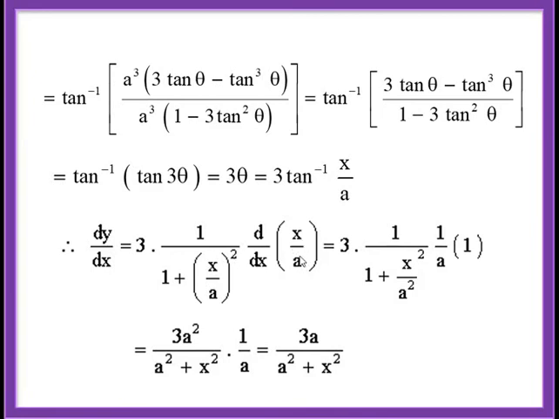Don't even think of using quotient rule. You should know that in x upon a, 1 upon a is constant. So it is simply 1 upon a into the derivative of x, which is 1. So what is the final answer? 3a square upon, in fact 3a rather, because 1a gets cancelled. So 3a upon a square plus x square.